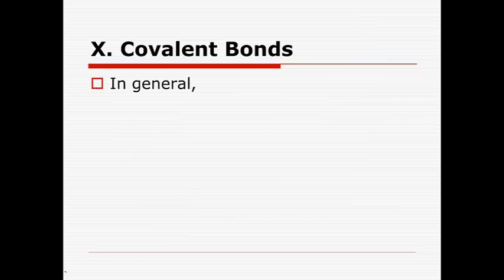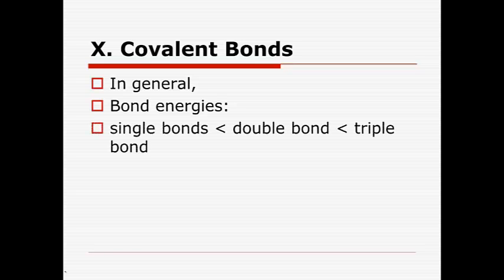In general, in terms of bond energies, single bonds will have less energy than double bonds, which will have less energy than triple bonds, which means when the bonds form, single bonds give off less energy than double bonds. If you want to break the bonds, you have to put in more energy to break a triple bond compared to a double bond, compared to a single bond.